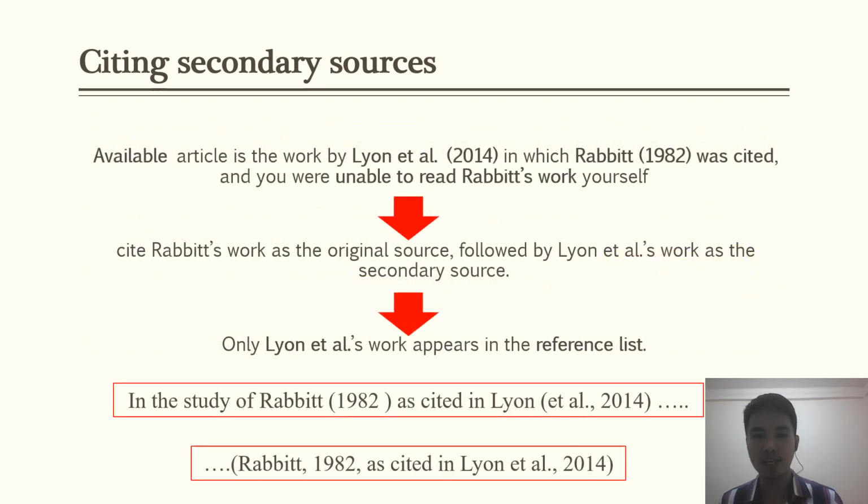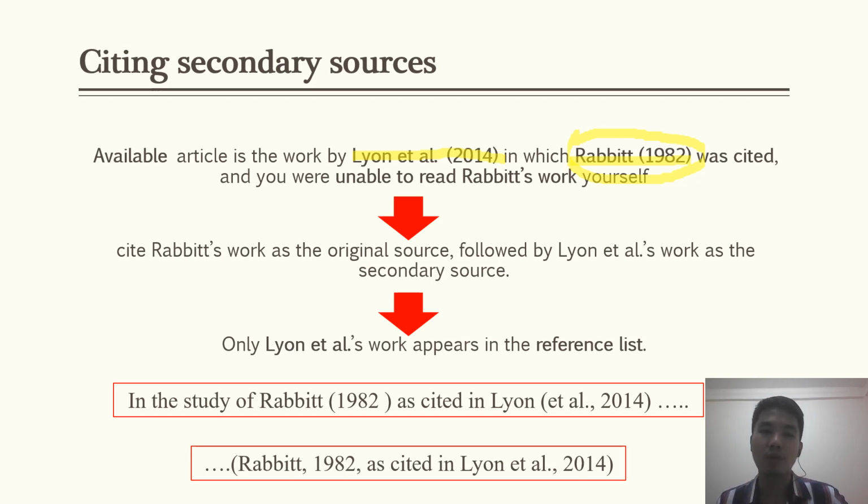Okay, so we have here an example. The available article that you were able to retrieve or download is the article of Lyon et al. in 2014, in which Rabbit 1982 was cited. Ibig sabihin, si Lyon et al. 2014 meron siyang nakuha na idea or information from Rabbit 1982.